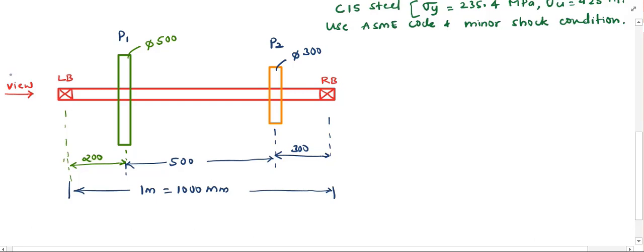So when I view from the left, here I can see this shaft. This is our design shaft, so let me hatch that.